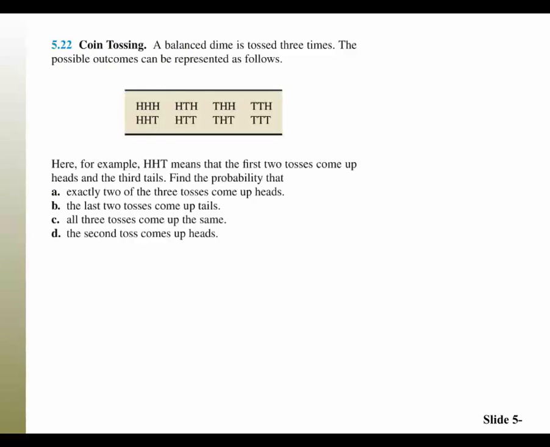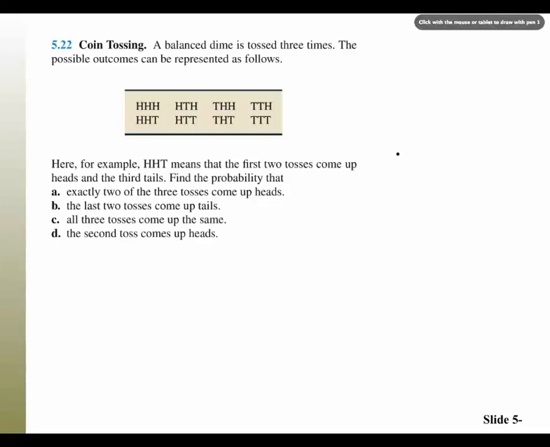Okay, so here is, if you tossed 3 coins and just look at the overall results of specifically 3 coin tosses, this is what you get. There's 8 possible outcomes.